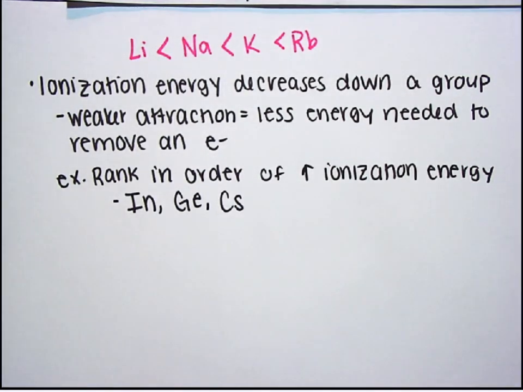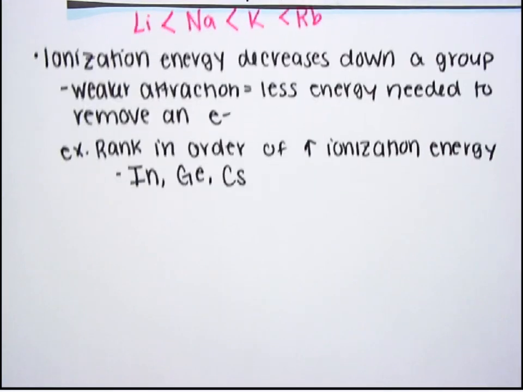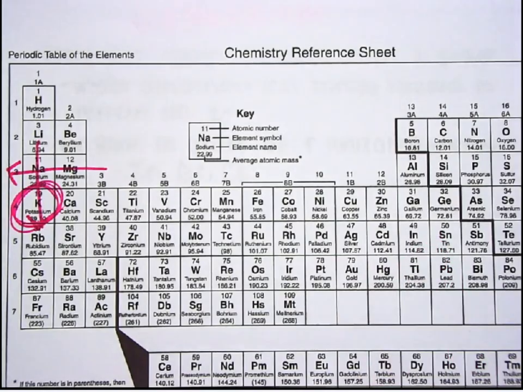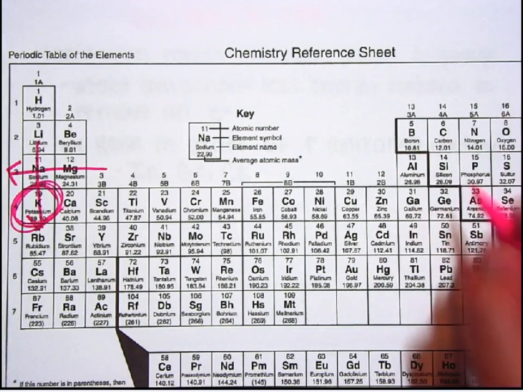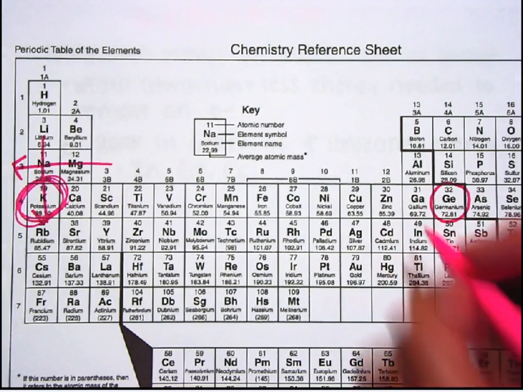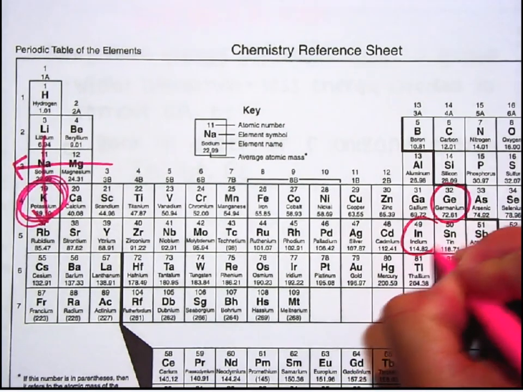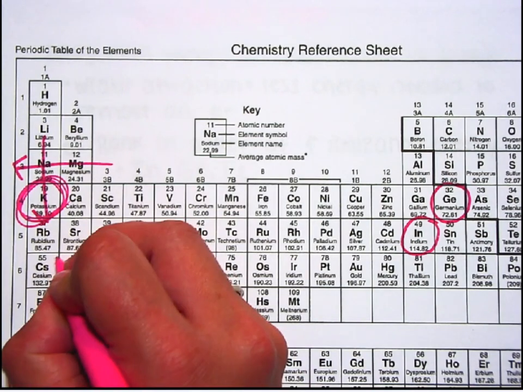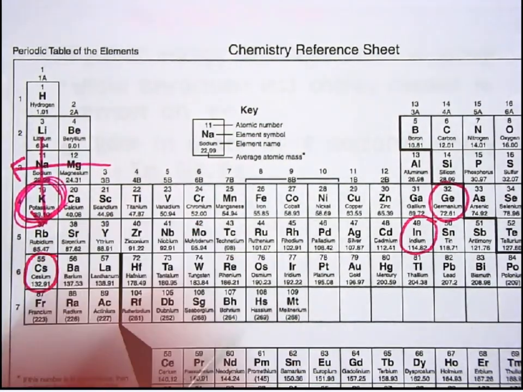So again, for this one, we need to put a few of our trends together. We need to look at trends within a group and also within a period. So we're looking at germanium, which is right here, indium, which is right here, and we're looking at cesium, which is right here.